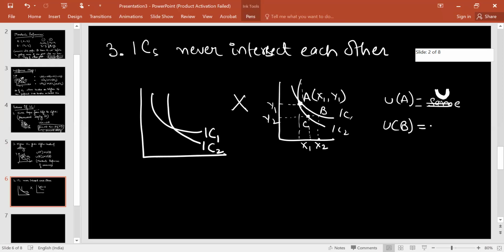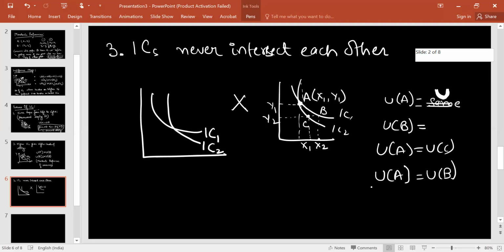The utility that I get from A must be the same as the utility derived from C, so utility of A must be equal to utility of C. And also, the utility derived from A has to be equal to the utility derived from B, because the consumption bundle A lies on both indifference curves.